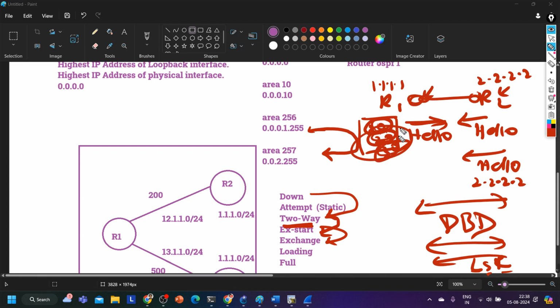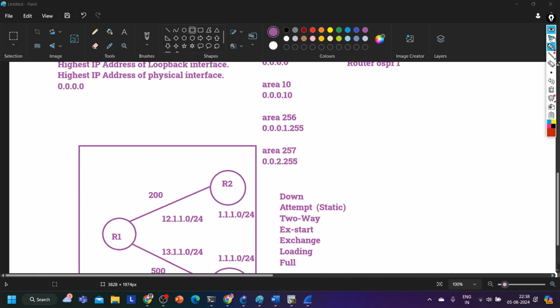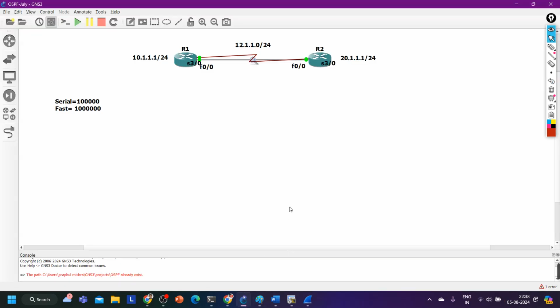Then in the same loading state, the router is going to send LSU. LSU, the update message. And then router 2 will send what? Acknowledgement. And after exchanging the acknowledgement, the neighborship will come to the full state. So full state means the whole database has been exchanged.